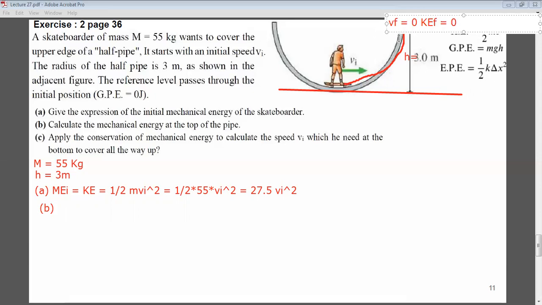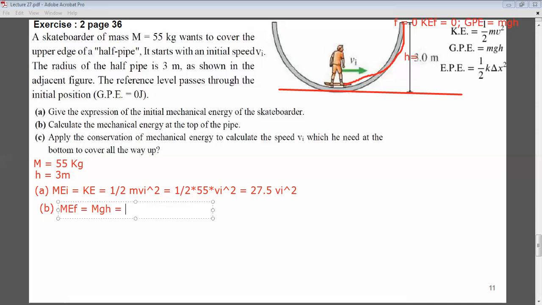So the only form of energy at the top is GPE, which is mgh. So mechanical energy at the top, or at final, is equal to mgh, which is 55 times 10 times 3, and this is 1,650 joules.